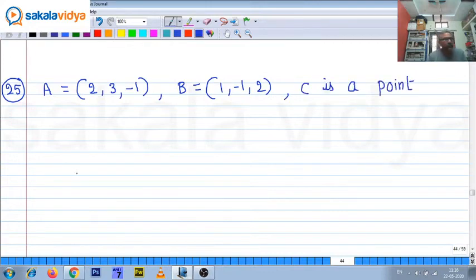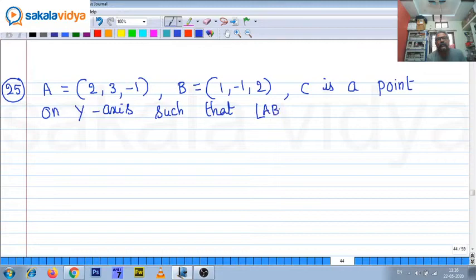C is a point on y-axis such that angle ABC equals pi by 2. Then what are the C coordinates?